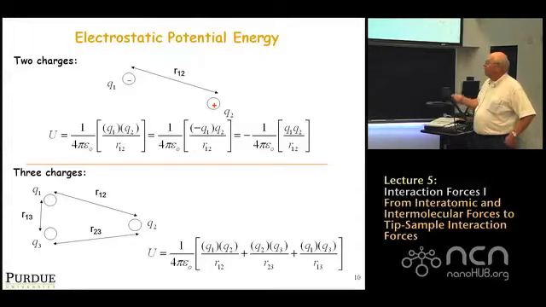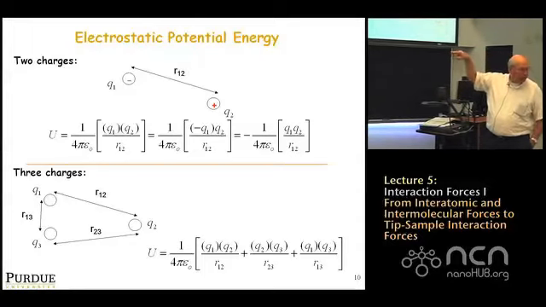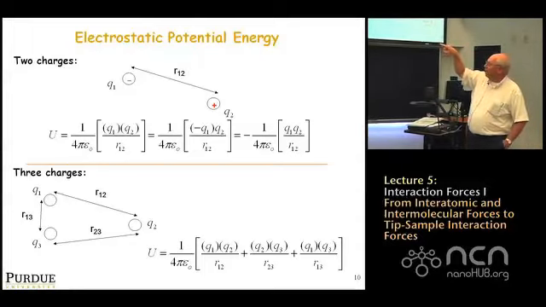Now the trick is you've got to put in the polarity of the charges. If Q1 is negative, you've got to put that in. If Q2 is positive, you've got to put that in. The net result is that the electrostatic potential energy for that charge distribution is negative, which means there's an attractive force between the two charges. Negative potential energies mean attractive forces.